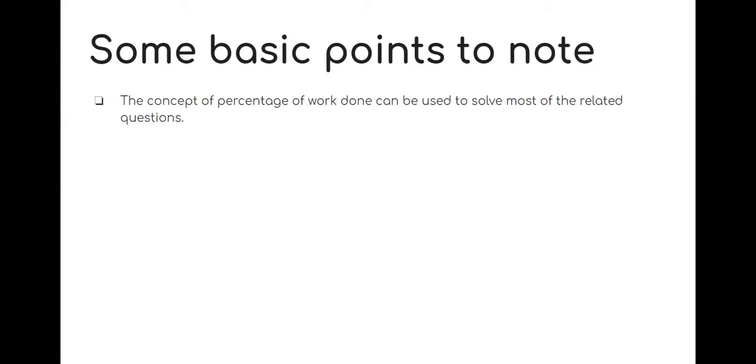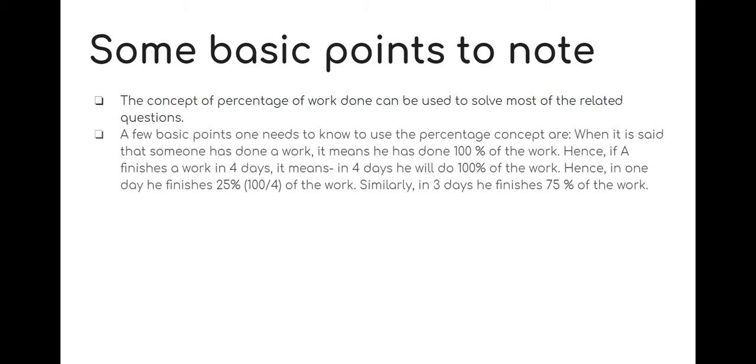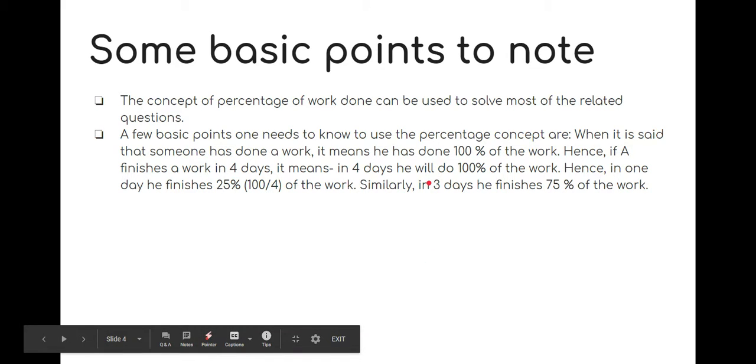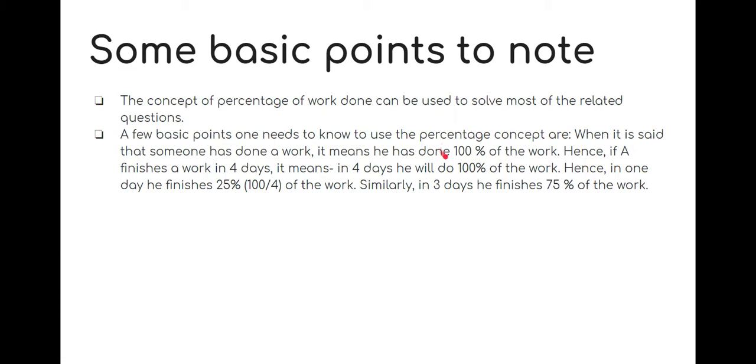Now, some basic points that we should know: the percentage concept can be used to solve most of the related questions. If I say that work is treated as a whole, one person completely doing a work, which we take as one, that is said to be 100% of the work done.